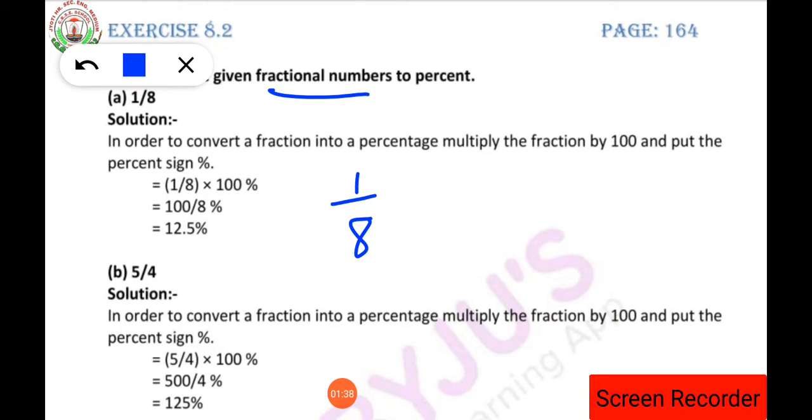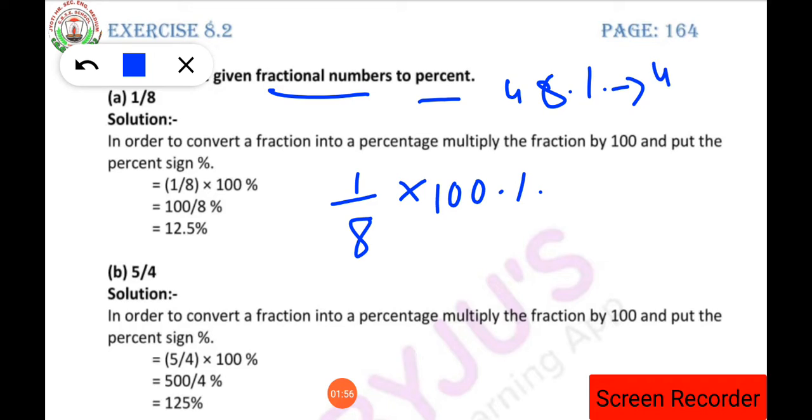As I told you, whatever the number you want to convert into percent, you have to just multiply it by 100. And if we want to convert a percent, suppose we have 48% and we have to convert it into a number, then what are we going to do? 48 into 1 by 100.